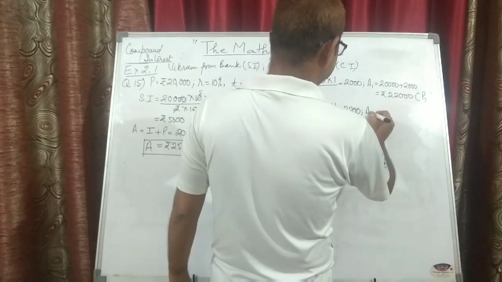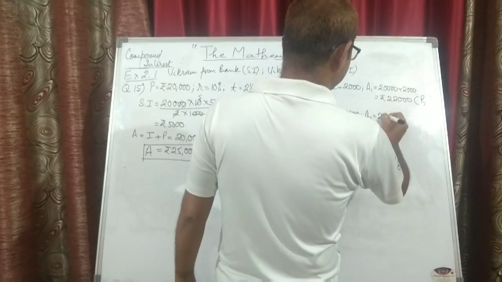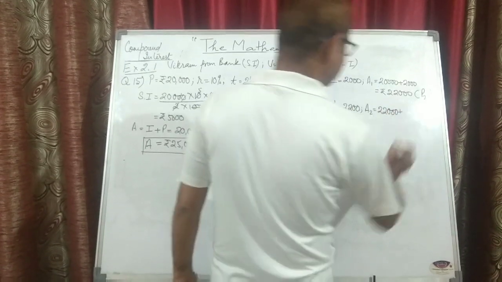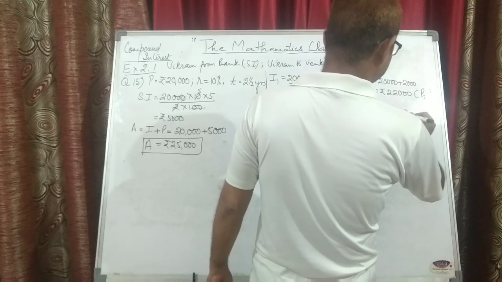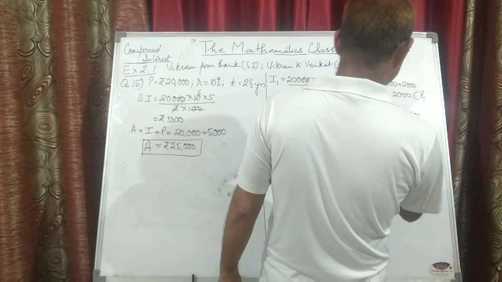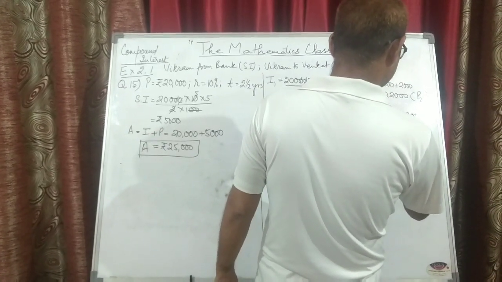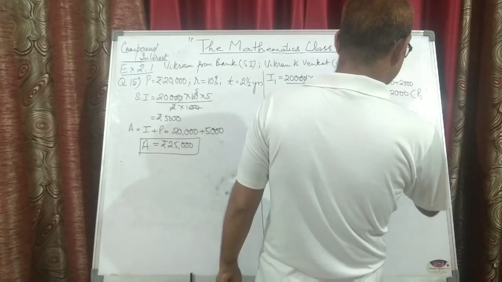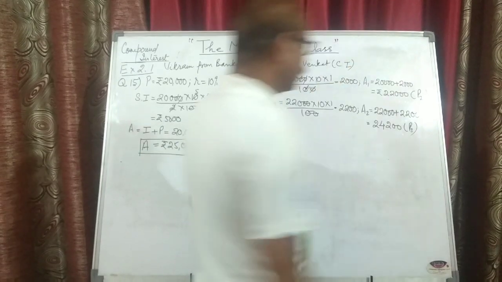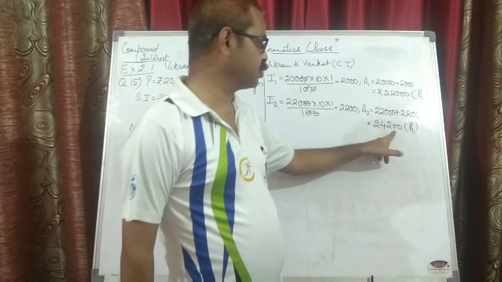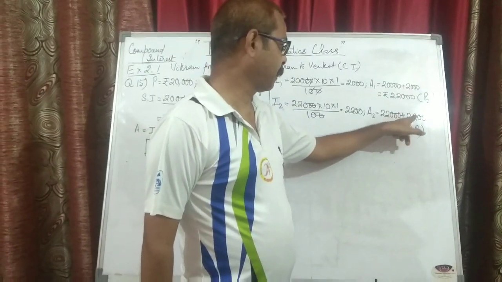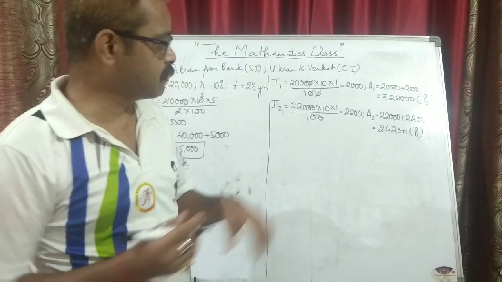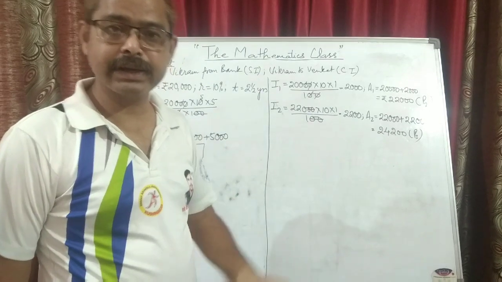The amount after the second year will be 22,000 plus 2,200, that is 24,200 rupees. 24,200 rupees is the amount after the second year.